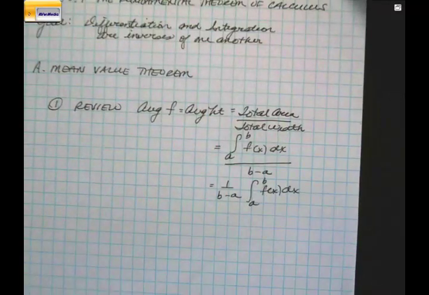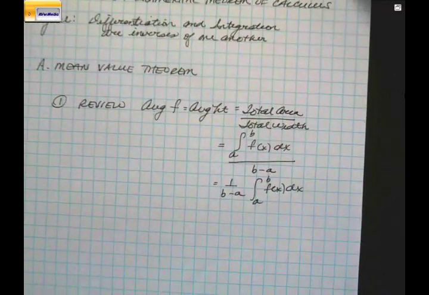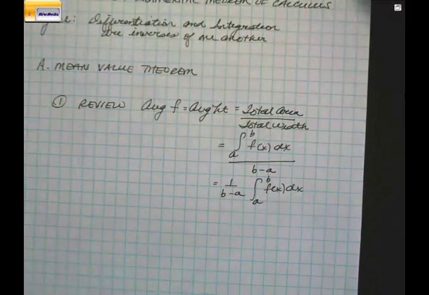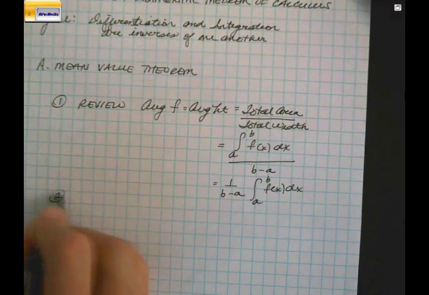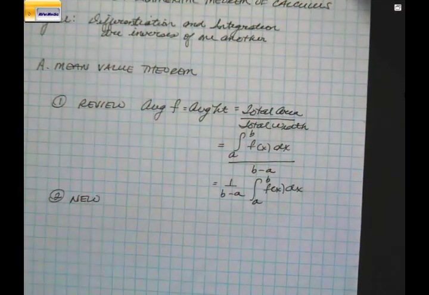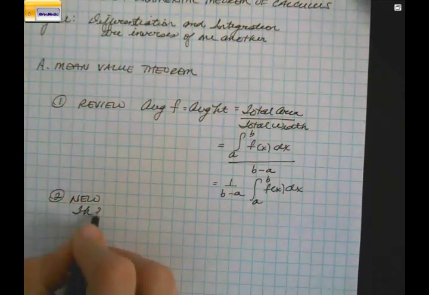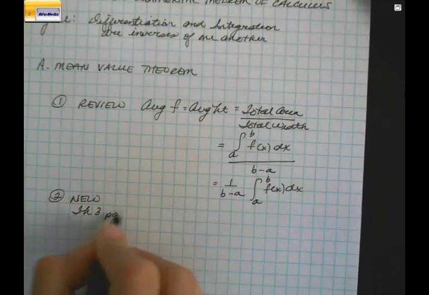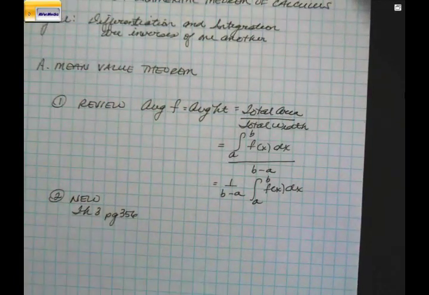And that's the final notation they give us. Now, when you look at this, it really looks exactly the same, but if you look at the new version of this in the textbook, the new theorem written again with definite integrals, it's mentioned as what they call Theorem 3, which is on page 356 of the Thomas textbook.